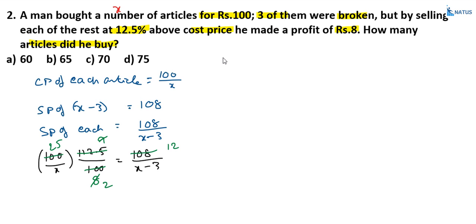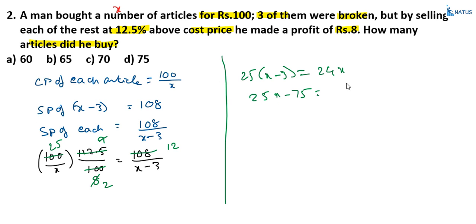This is simpler, comparatively. So 25 into X minus 3 is equal to 24X. So 25X minus 75 is equal to 24X. So X is equal to 75. Option D is the correct answer.